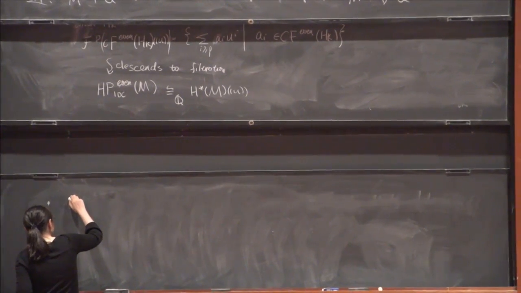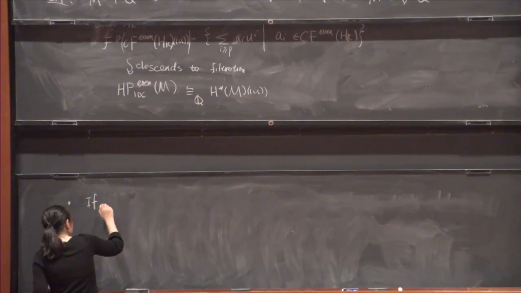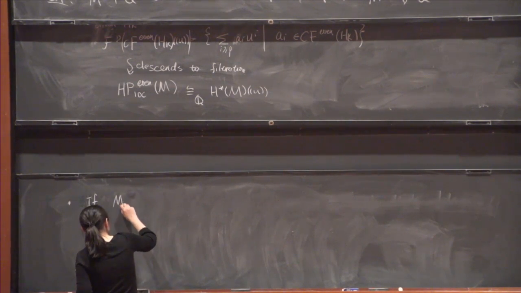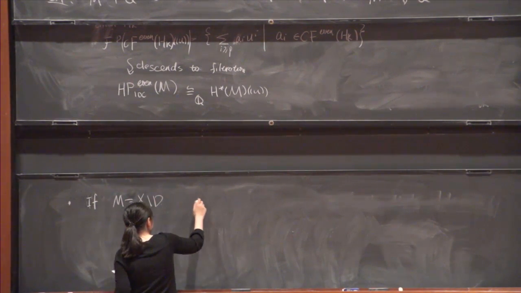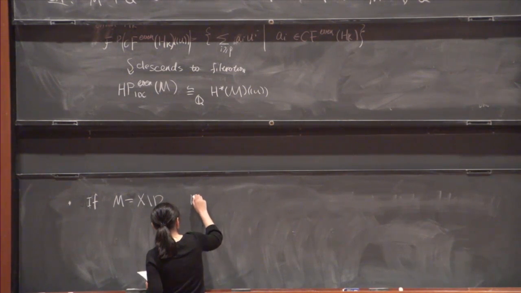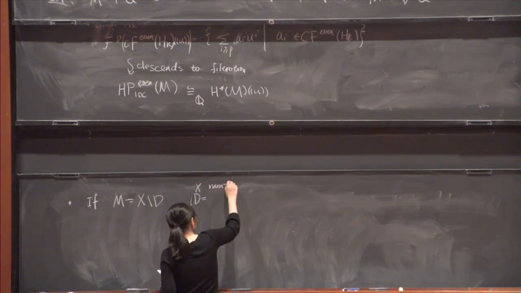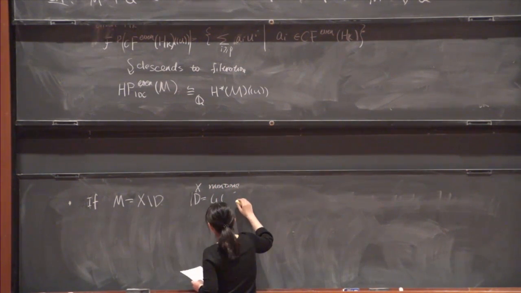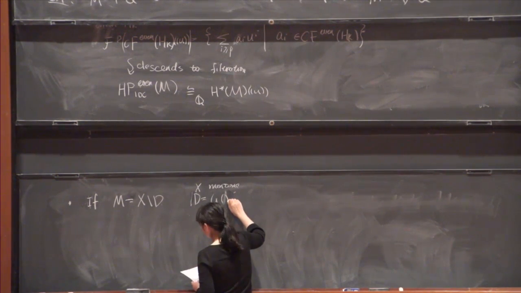So in the setting where M is really a complement of a divisor D, assuming, say, M is monotone, and D is, say, anticanonical.